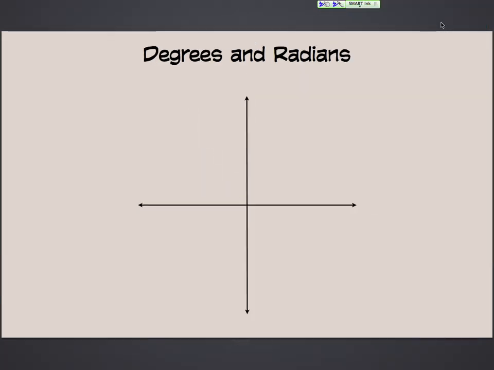Now, we're just going to talk about degrees for right now. If I'm starting out over here on the positive x-axis, what angle do I have if I haven't gone anywhere yet? 0. If I'm straight up, how big of an angle would that be? 90 would be straight up.